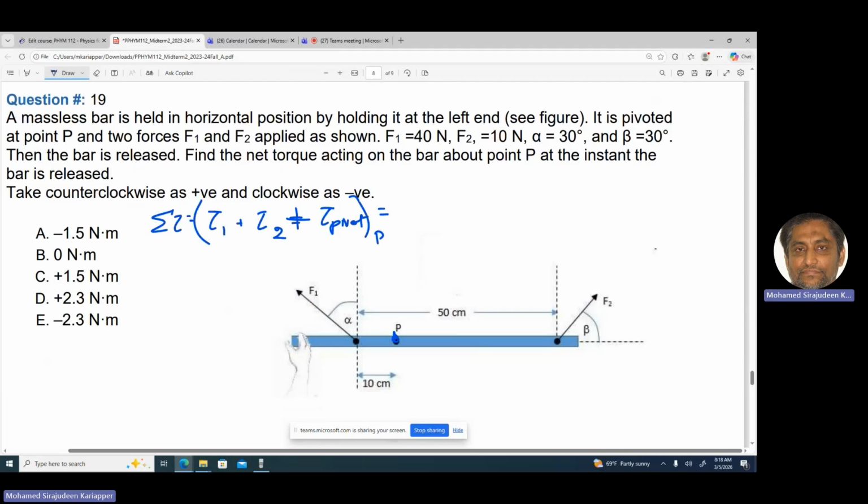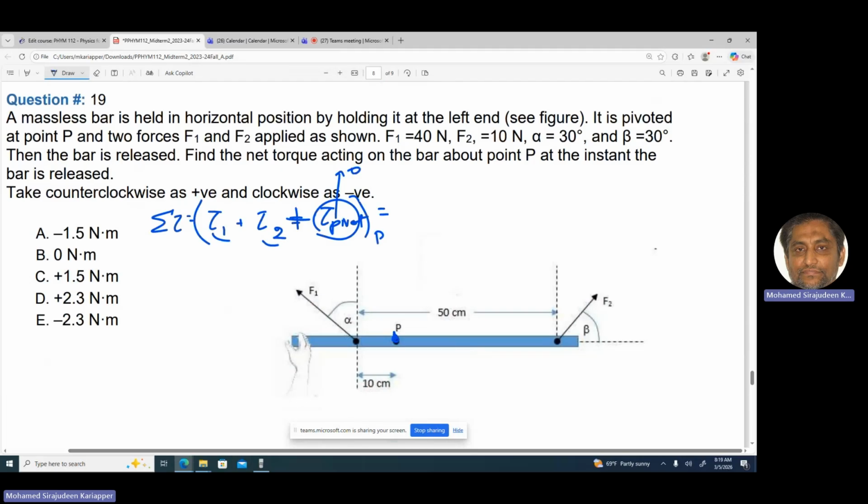So any force that is acting at P will have zero torque. Got my point? That's why, because we want the torque about the point P. There will be several forces there, the reaction, since it is being fixed there, but those forces will have zero torque, so we don't have to worry about the forces at that point. So now we only need torque 1 and torque 2, right?